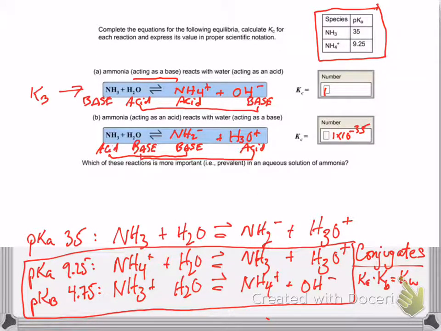We see that the equilibrium constant for this reaction is going to be 10 to the minus 4.75, after we subtract 9.25 from 14. You put that in your calculator, making sure to use the correct significant figures, and we see 1.8 times 10 to the minus 5. That's how you do this problem.